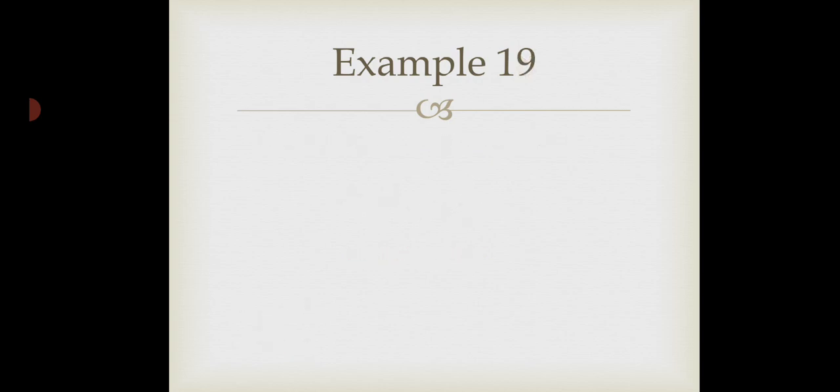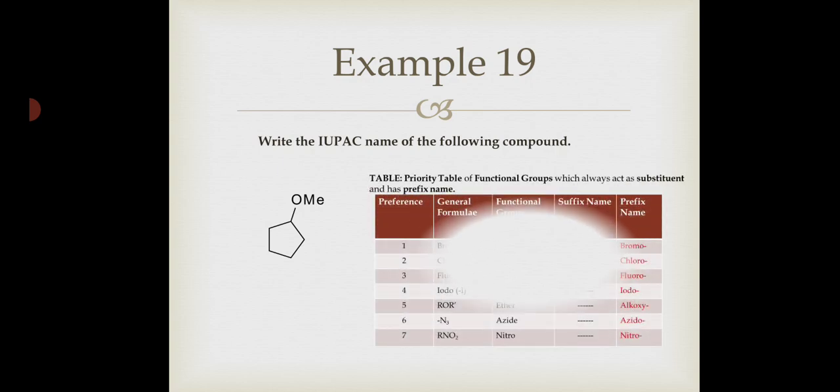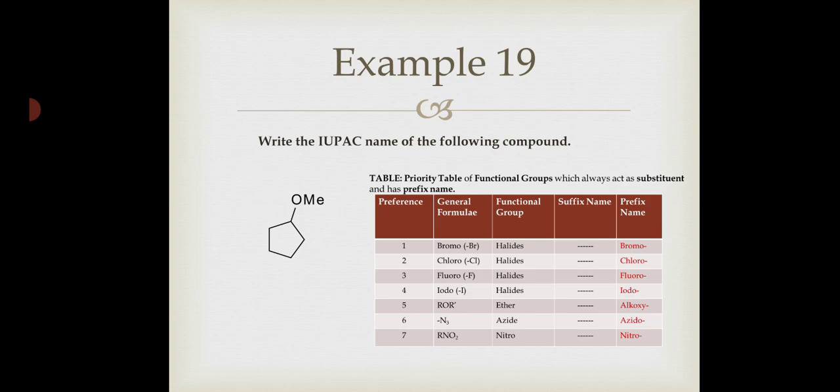Coming to example 19. Write the IUPAC name of the compound given below. The compound is an ether. Ethers fall under the table where the functional groups always act as a substituent and have a prefix name.